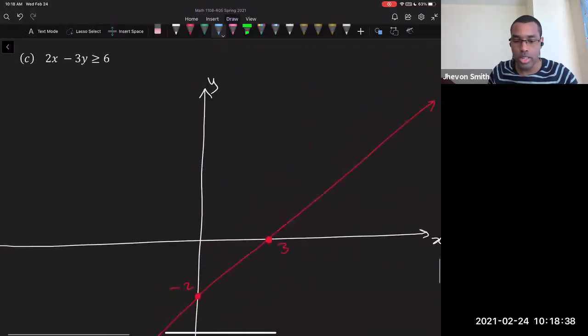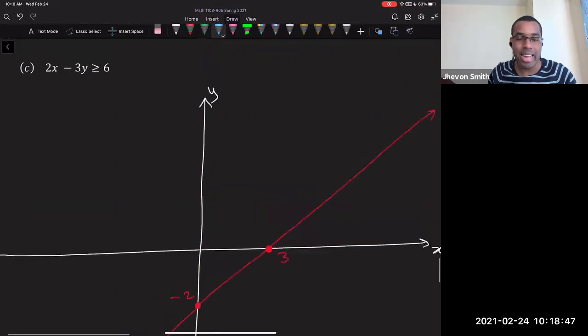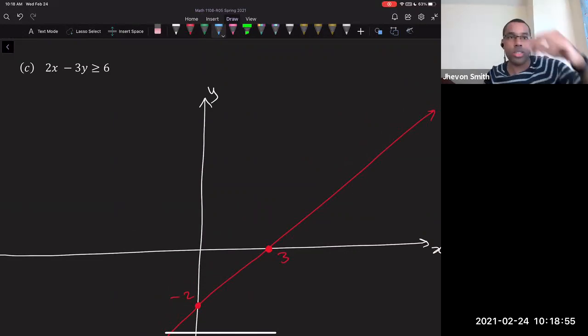Now, what you can do is notice that I can solve for x and get x greater than or equal to something, which means I should be shading on the right. For example, I can add 3y to both sides, so I get 2x is greater than or equal to 6 plus 3y, which means I would get x is greater than or equal to something when I divide through by a positive number, and so I should shade to the right.